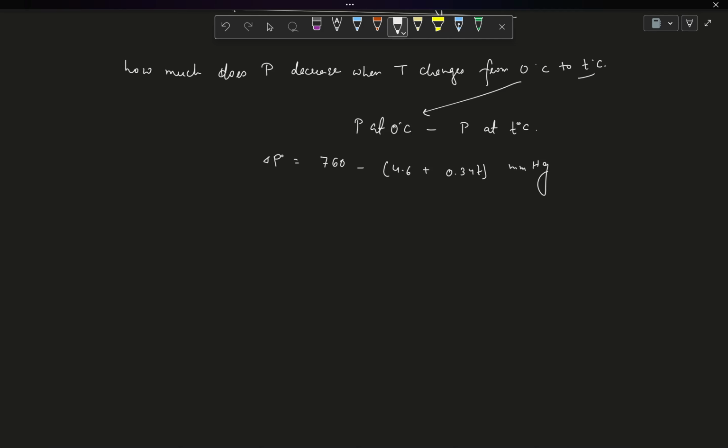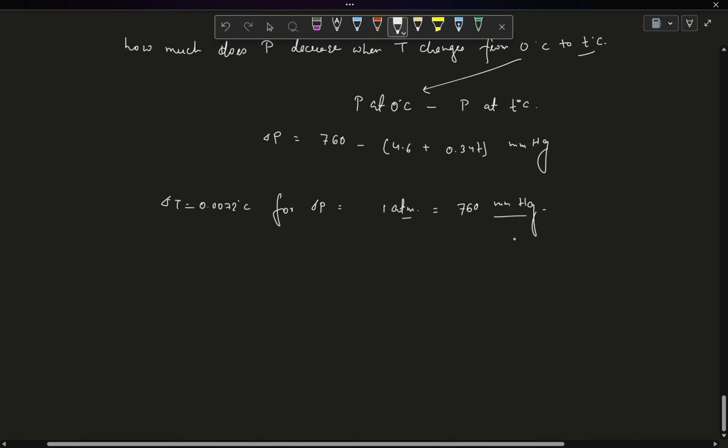Now you know the rate of change of pressure versus temperature: delta T is equal to 0.0072 degree centigrade for delta P equal to 1 atmosphere, which is 760 mmHg, right?